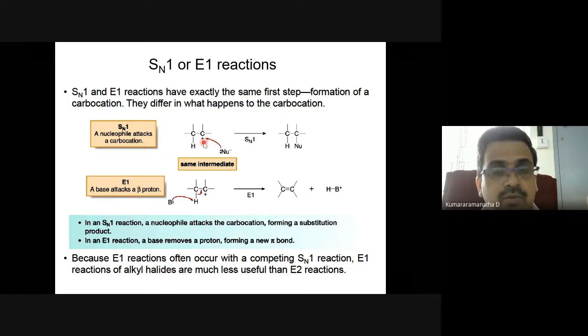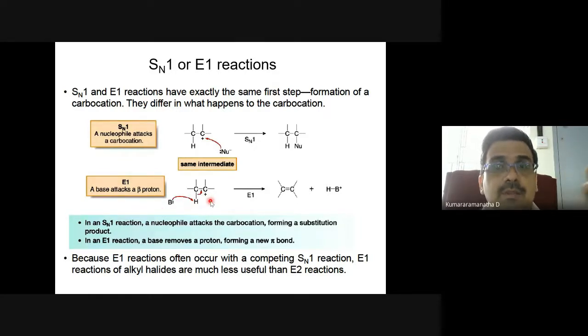So this is a carbocation form. The nucleophile can add, you get substitution. But here, a beta proton is being removed. So you get the eliminated product. Okay. Now, always as I told you, there is a competition, stiff competition between SN1 and E1.